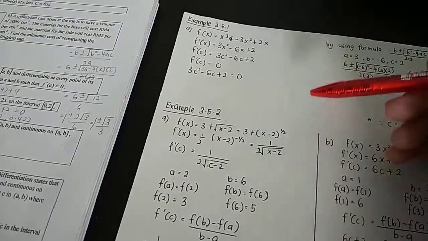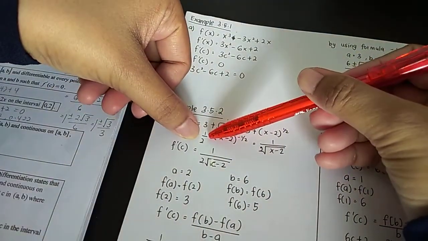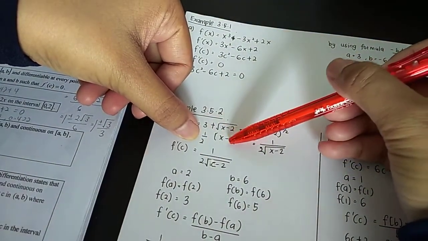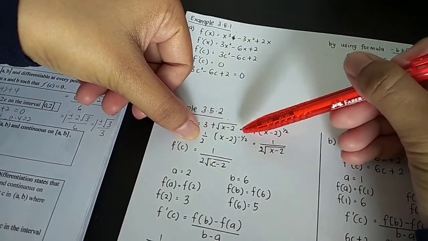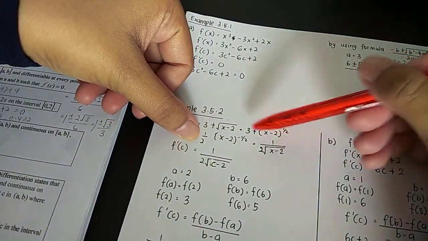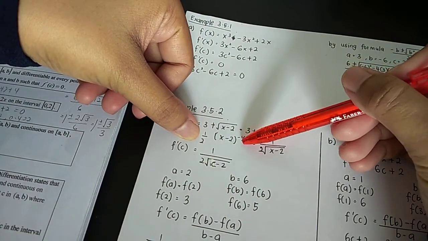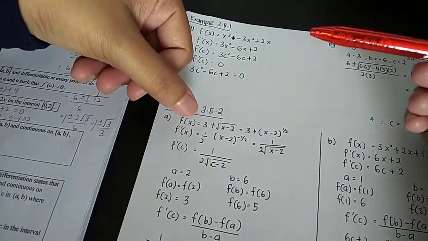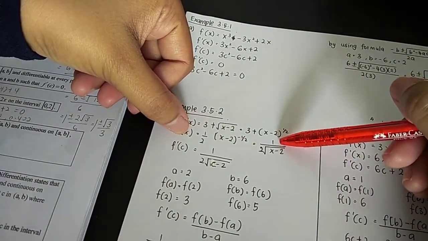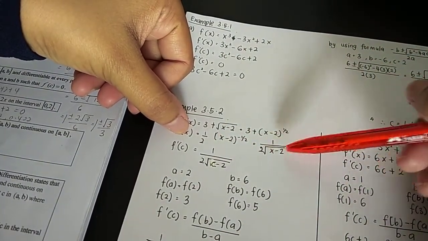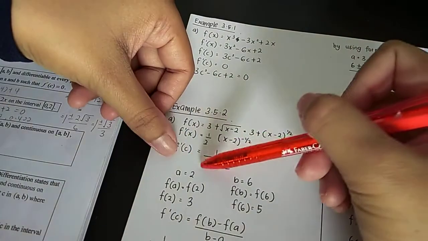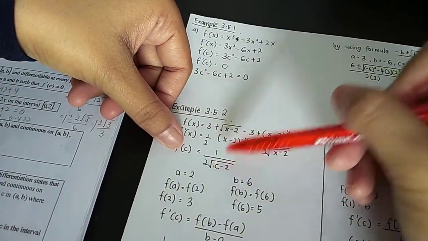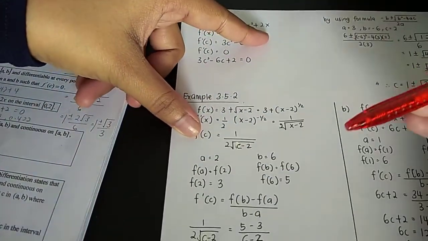So bila dia power 1 over 2, power bawa ke depan, so that's why kat sini ada 1 over 2. And then x minus 2 salin balik. Power dia tadi 1 over 2 minus 1, so that's why jadi negative 1 over 2. So differentiate dalam x minus 2 dapat 1 sahaja. So saya tak tulis lah. So last kali tulis balik jadi 1 over 2 square root of x minus 2. So bila f prime c jadilah 1 over 2 square root c minus 2.